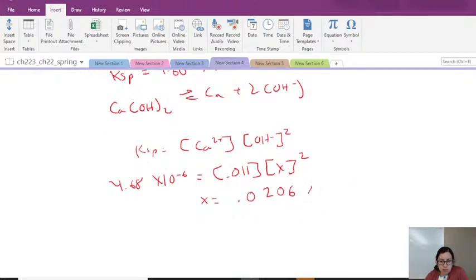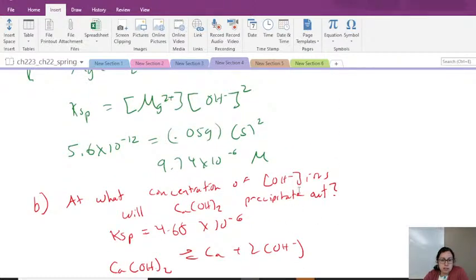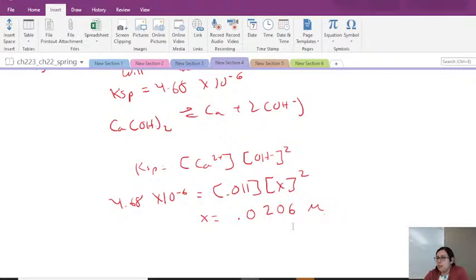And so that's going to be molarity. And so that's the concentration of hydroxide ions that makes calcium hydroxide precipitate out. Excellent. Did everybody get this? Perfect.